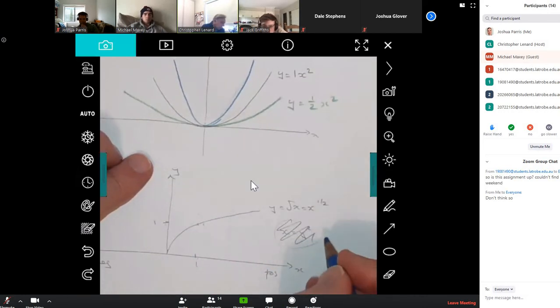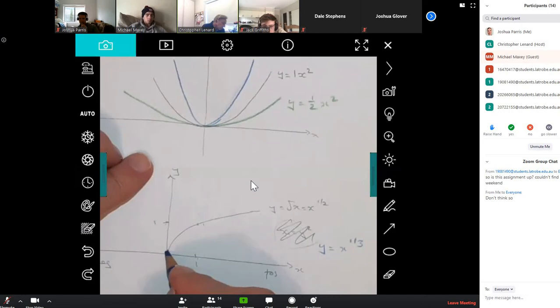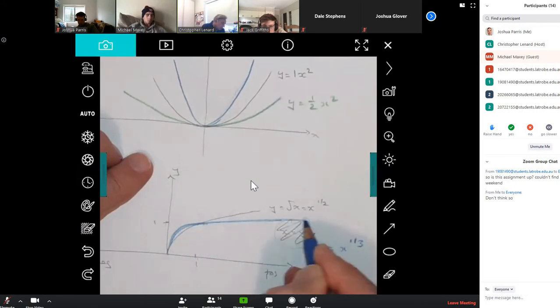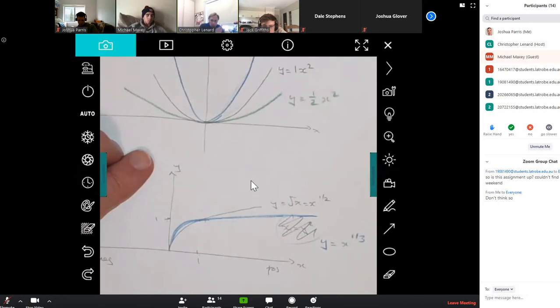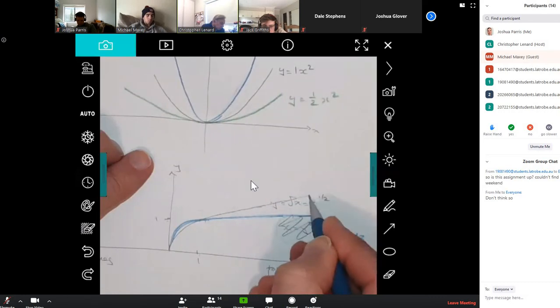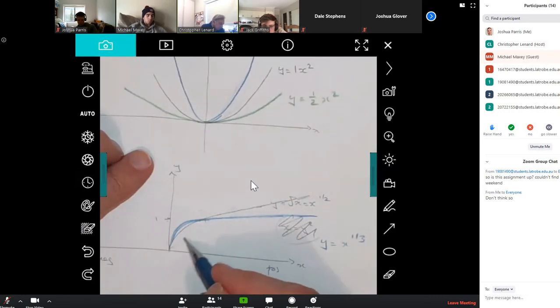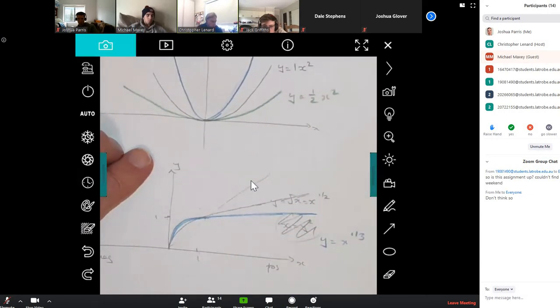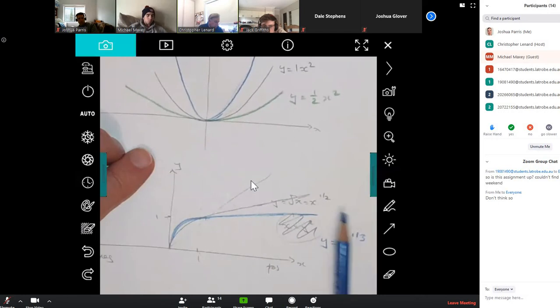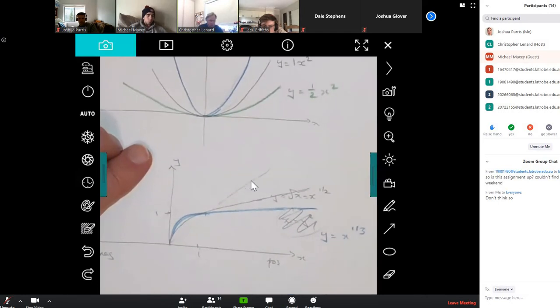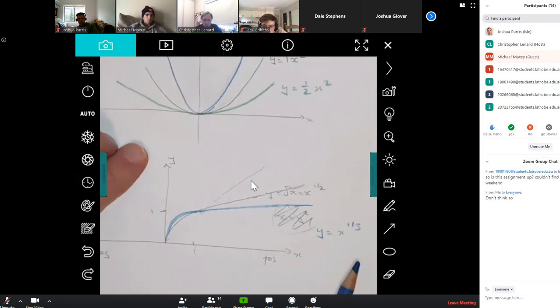If we drew y equals x to the 1/3, the cube root, what would happen is that between 0 and 1, it's a bit bigger, but then it tails out and it sort of does this. So it gets bigger and bigger and bigger, but quite slowly, whereas x to the half gets bigger and bigger, but a little bit more quickly, but not as quickly as y equals x. So what's happening? The 1/3 is less than the half, so it grows less rapidly, or the x to the half grows faster than the x to the third.